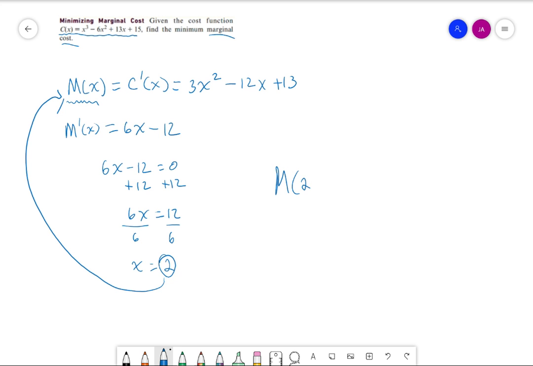And so m of 2 is then going to be 3 times 2 squared minus 12 times 2 plus 13, which I then get to be 3 times 4 minus 24 plus 13, 12 minus 24 plus 13, which gives us positive 1. And so minimum marginal cost is going to be $1.